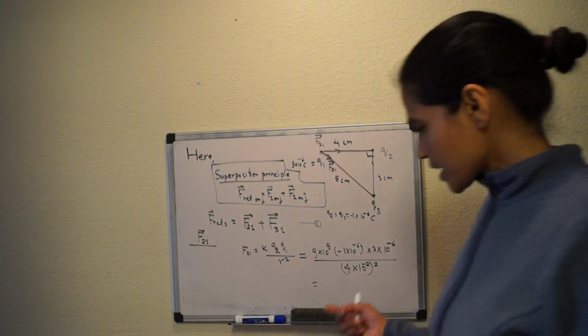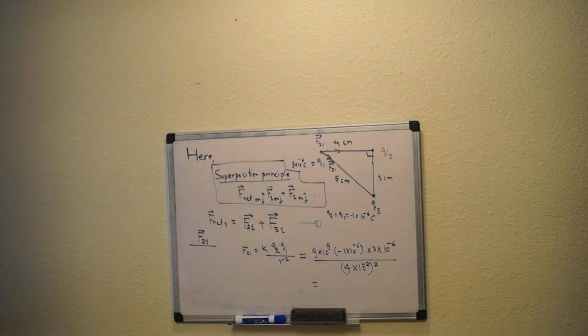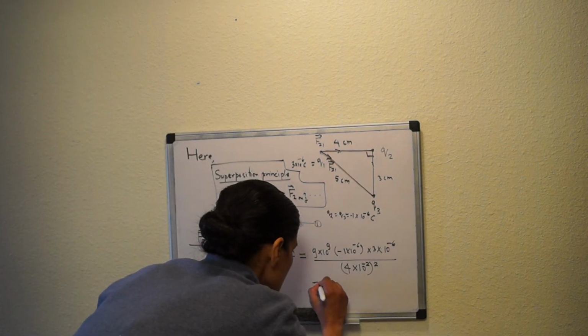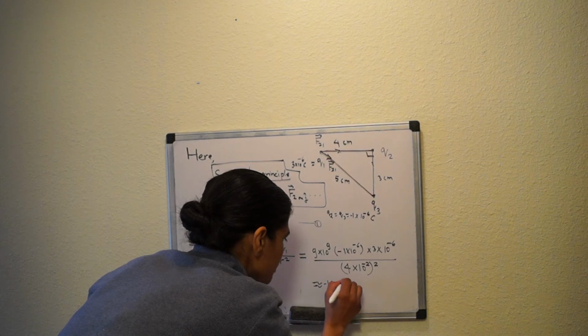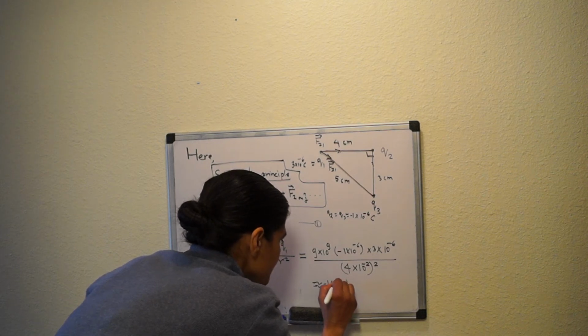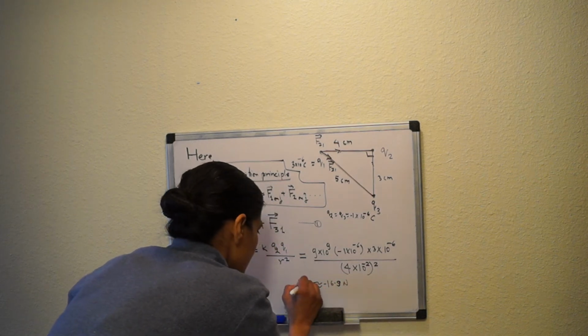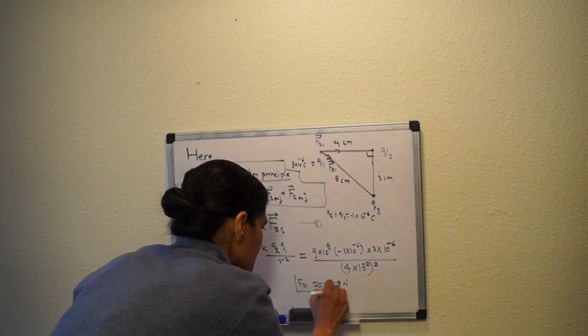Okay, so what did you guys get there? It turned out to be close to negative 16.9 newtons. So this negative sign tells us something here. F21, let's put this in the box.